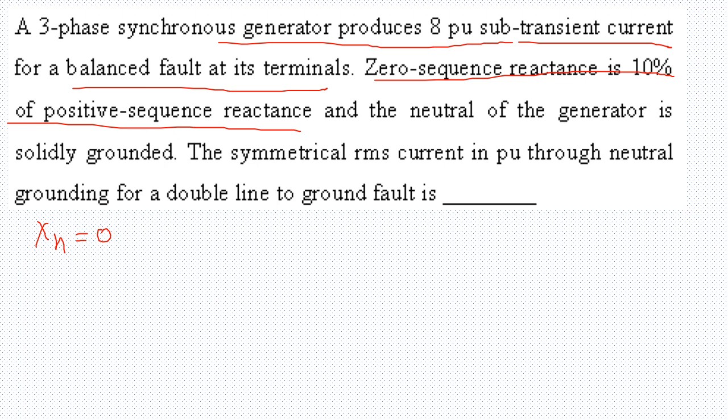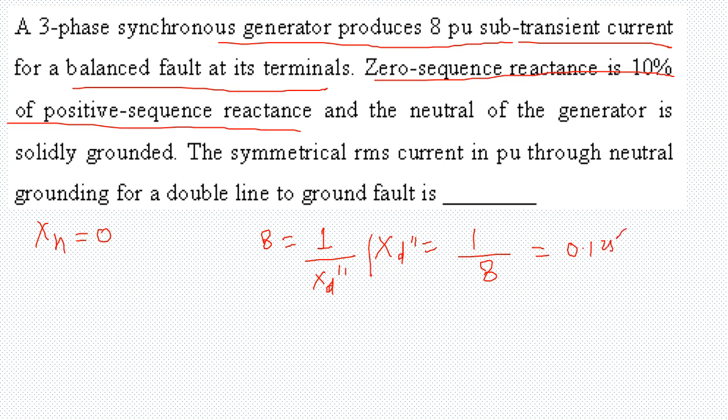So we can write 8 is equal to 1 over Xd double dash. If you calculate Xd double dash from here, it will come out to be 1 over 8, which is 0.125.